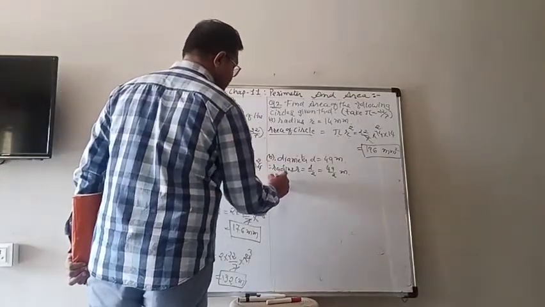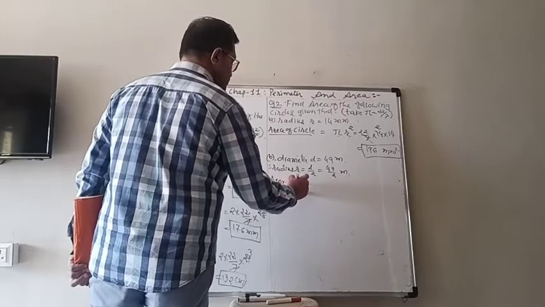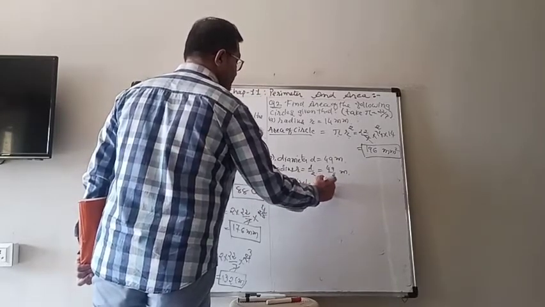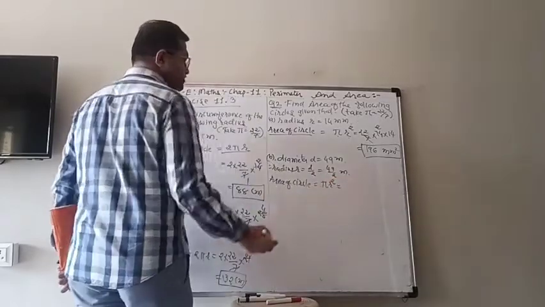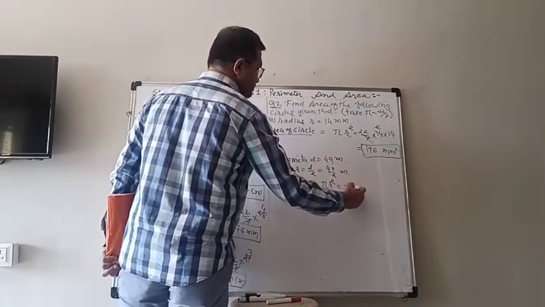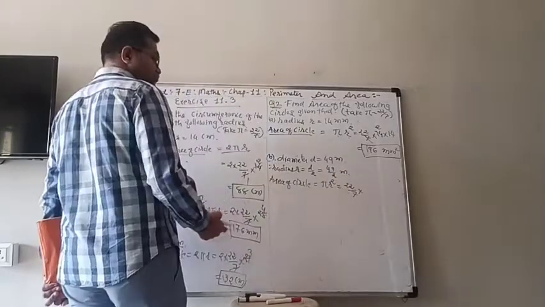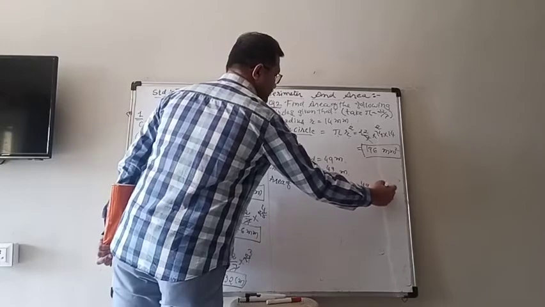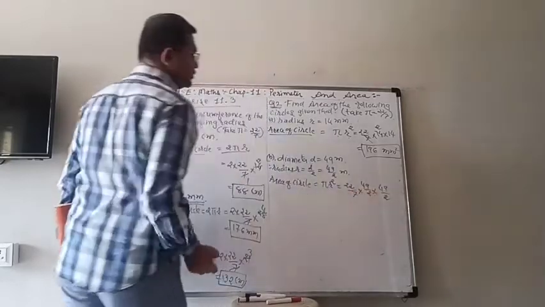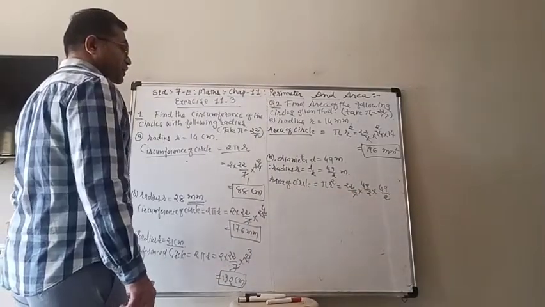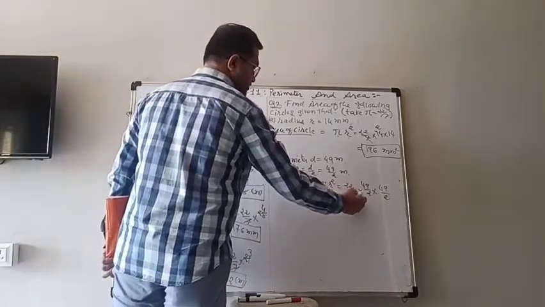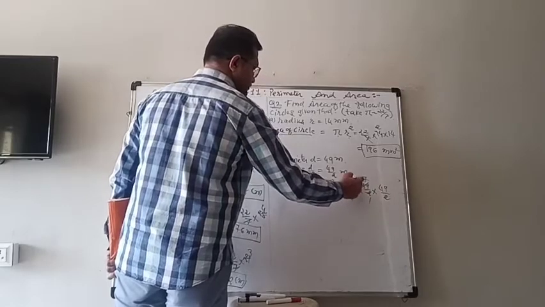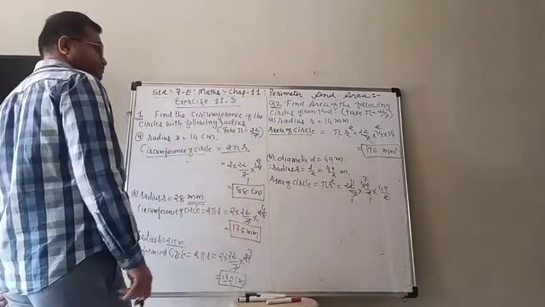So now the area of the circle. What is the formula? Pi r square. Pi is 22 upon 7. r square means 2 times this one, 49 upon 2 multiplied by 49 upon 2. Do the needful cancellations. 7 ones are 7, 7 sevens are 49. 2 ones are 2, 11 twos are 22.